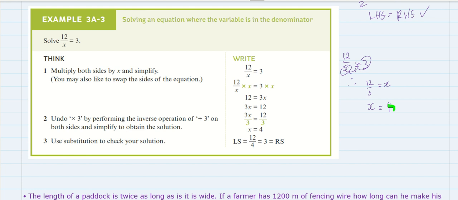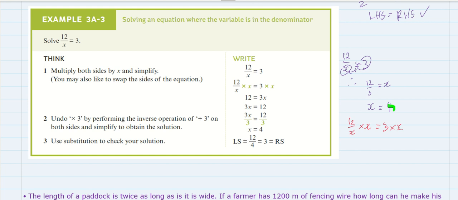If we're doing the balance method, we're just going to do it this way. Okay, so another way to do this, I'll do this in a red pen. So I've got 12 over x equals 3, and what we're going to do is just multiply both sides by x. So yes, this is the balance method.